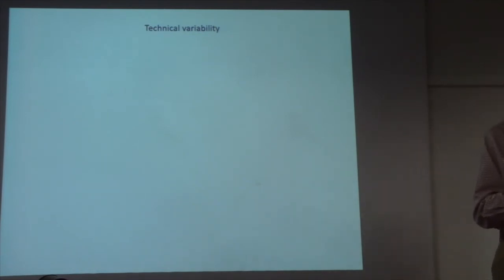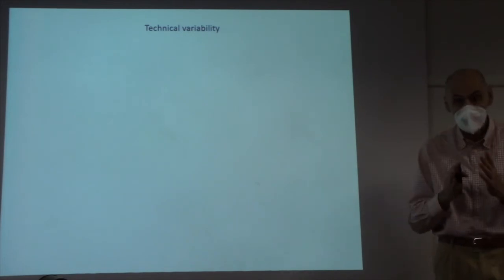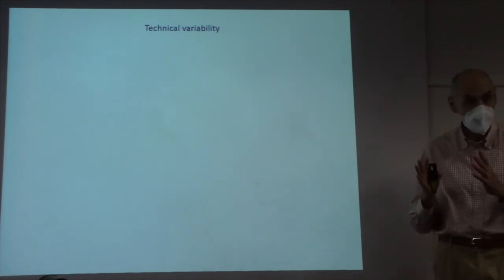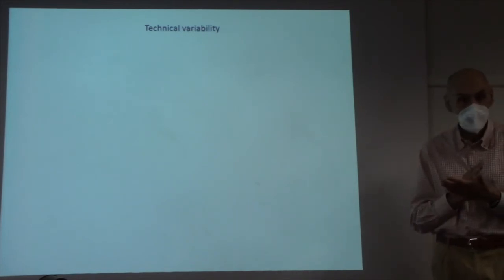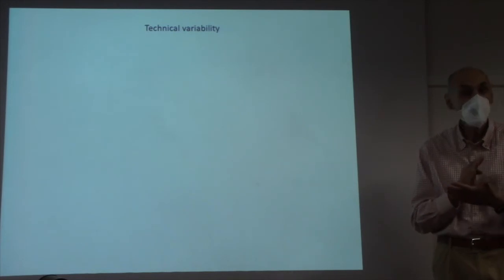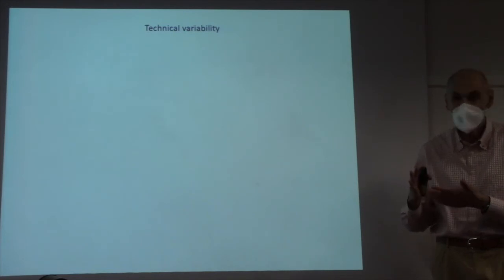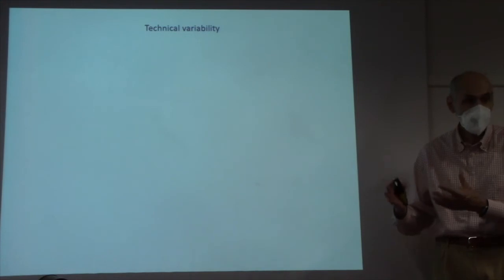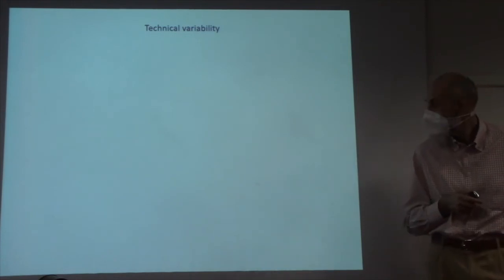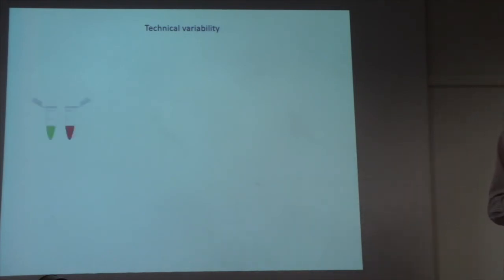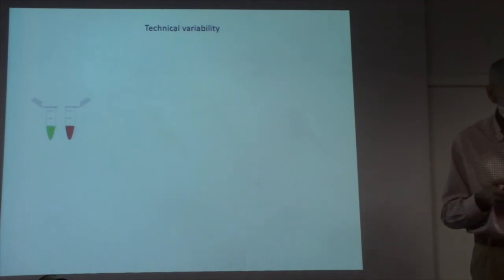So, if you measure several times the same analyte, not different ones, there is no biological variability because the analyte is the same. Then whatever variability you observe must be technical, must be due to your instrument or your method. So, we already reached the conclusion here, but let's go through the slide and see what the error of the instrument is.